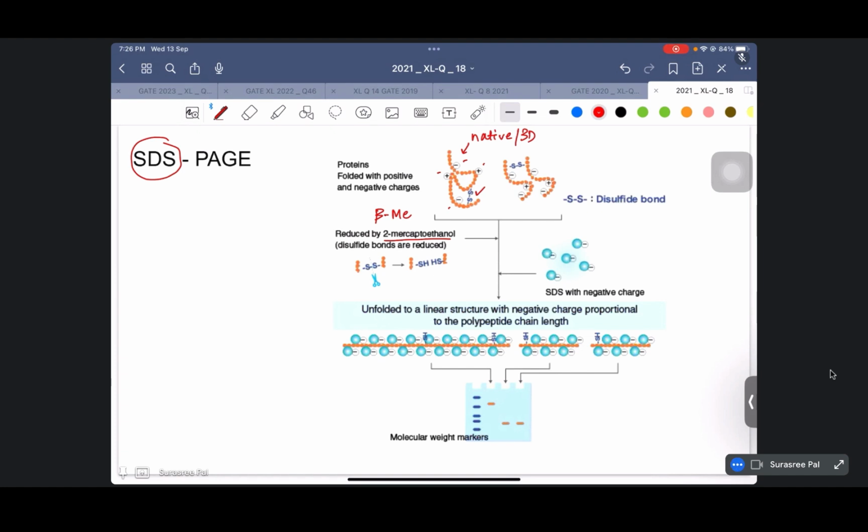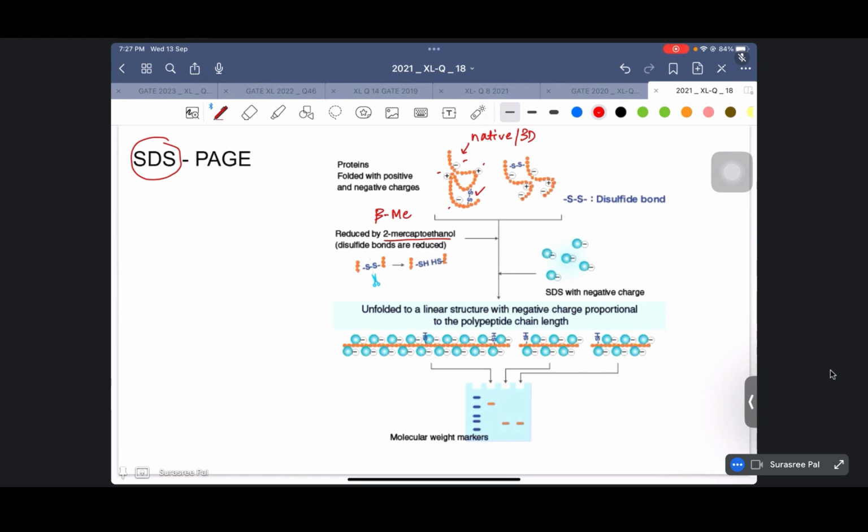Now we can, obviously, run these kinds of proteins on a polyacrylamide gel, but that will hinder the separation of the proteins according to their molecular weight. Why am I saying so? Because when the proteins are folded, they will be separated according to their shape and not specifically their molecular weight, because the shape of the protein and the molecular weight of the protein can be very distinct.